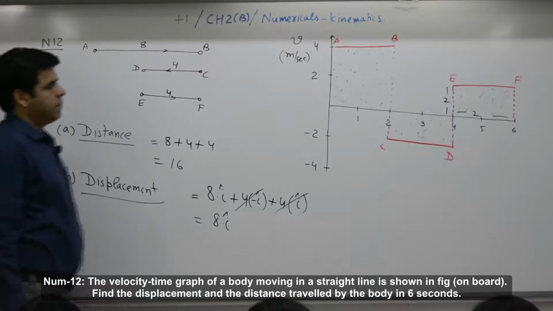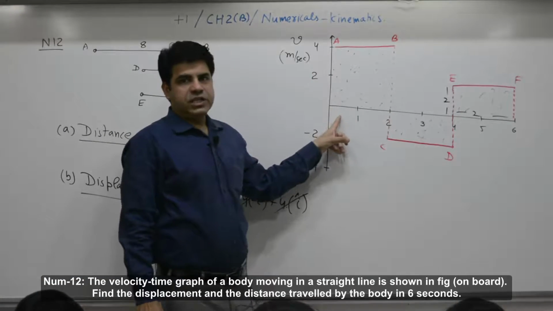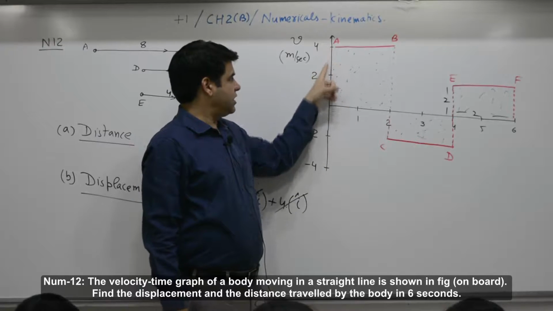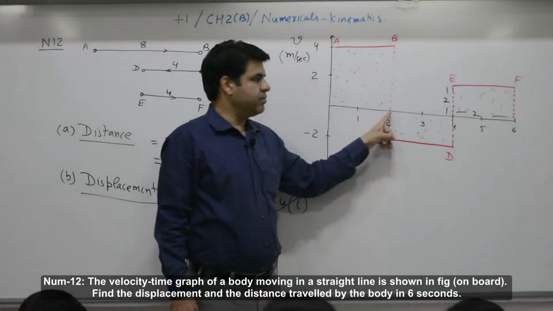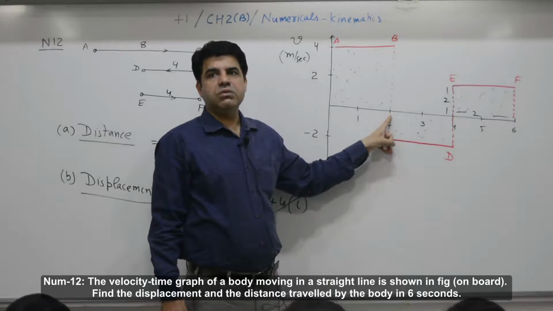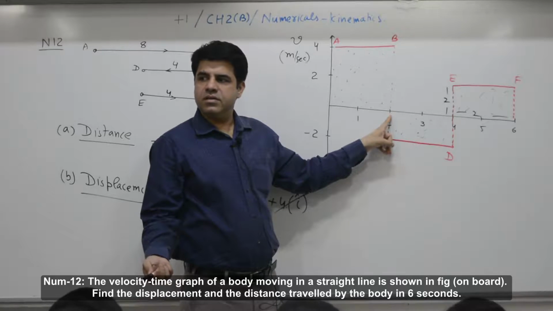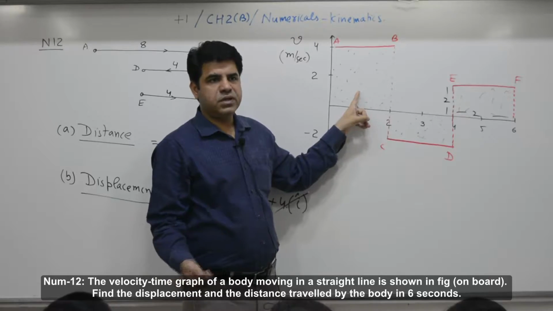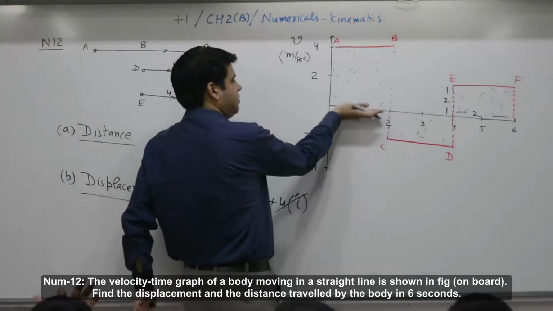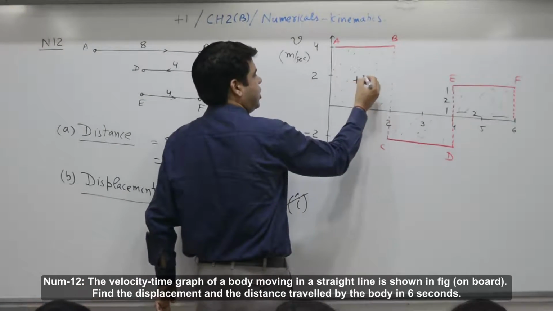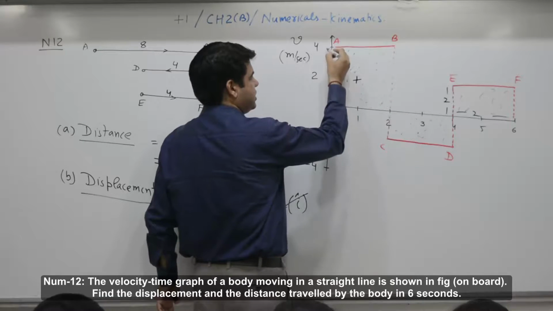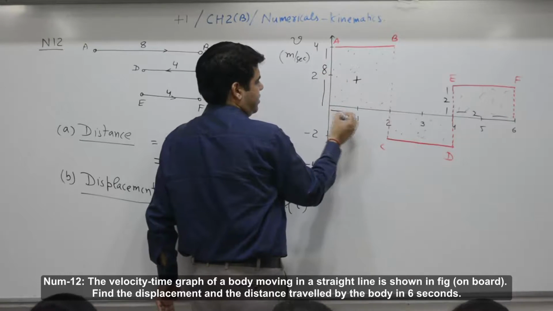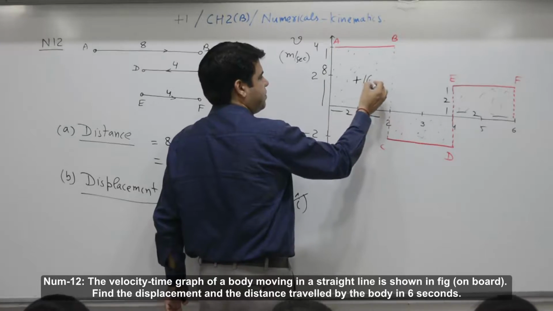Procedure mathematically: area under the velocity time graph. This is velocity, this is time. Velocity into time is displacement. So area under the graph will give you displacement. The area above the axis will mean plus. 8 into 2 is plus 16.